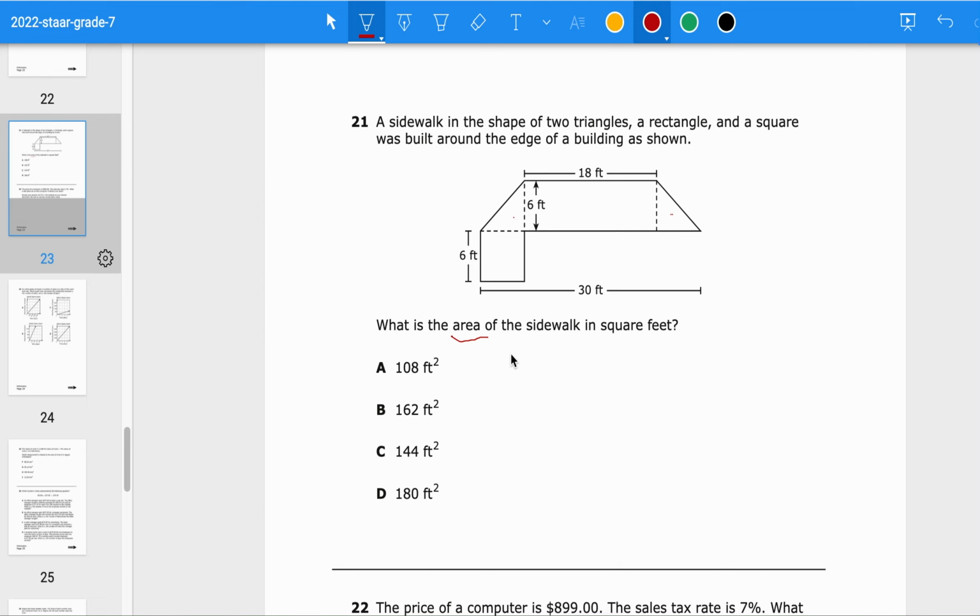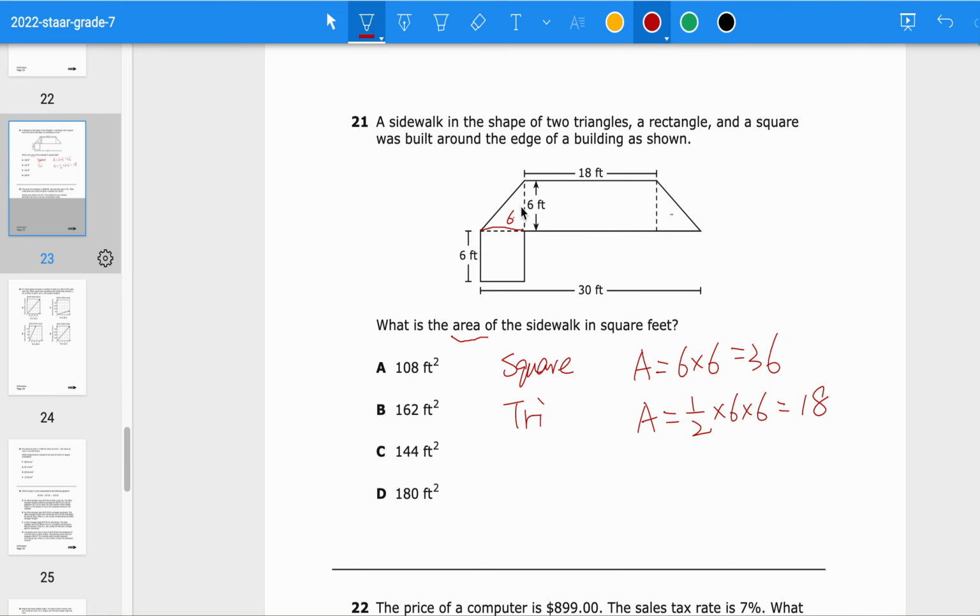So the area for the square, A equals 6 multiplied by 6, which is 36. And the triangle here, we have the base and height, which is 6 and 6. So the triangle will be A equals 1/2 multiplied by base and height, which is 18.